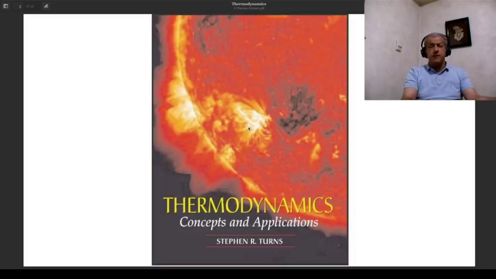And finally, the very last book that I introduce is by Terence. The advantage I found in this book was that it gives a special chapter to the mass conservation law. And this is what many books don't usually do. They usually treat mass conservation law as part of the first law of thermodynamics or part of a different chapter.